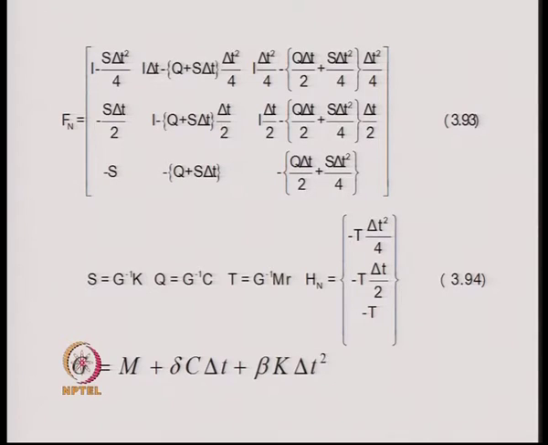The G matrix requires an inversion to find out S, Q and T. This G matrix is simply equal to the mass matrix plus gamma into C matrix into delta T plus beta K into delta T square.